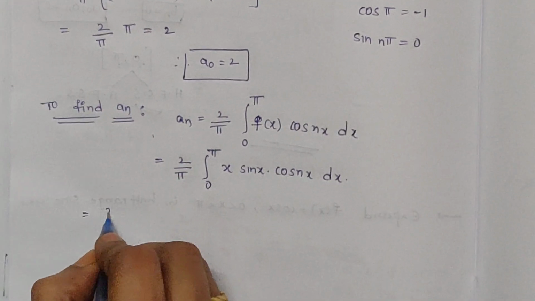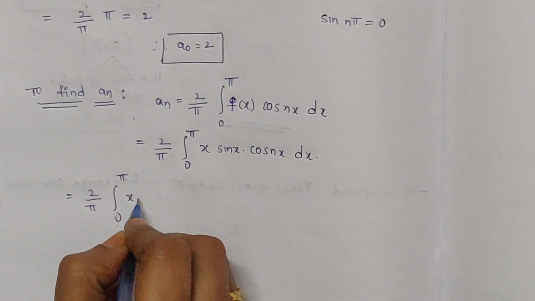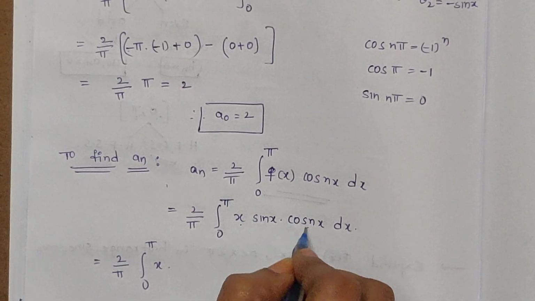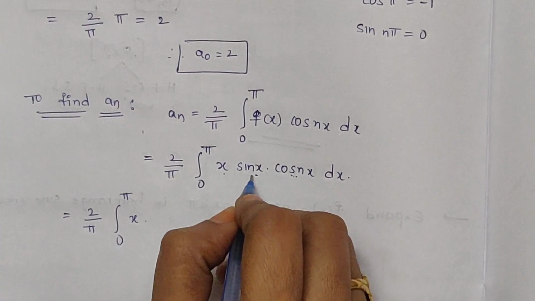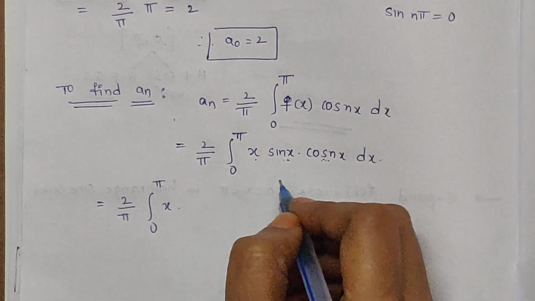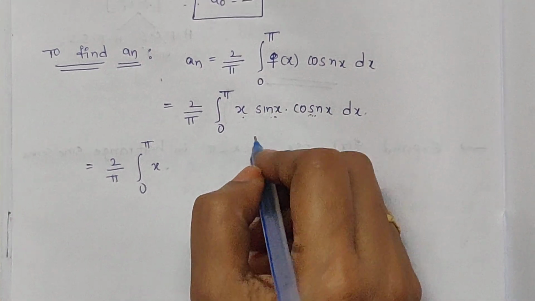Under the integral, x into two trigonometric functions is present in product. First convert these two in terms of their summation so that it is easy to apply the integration by parts formula.